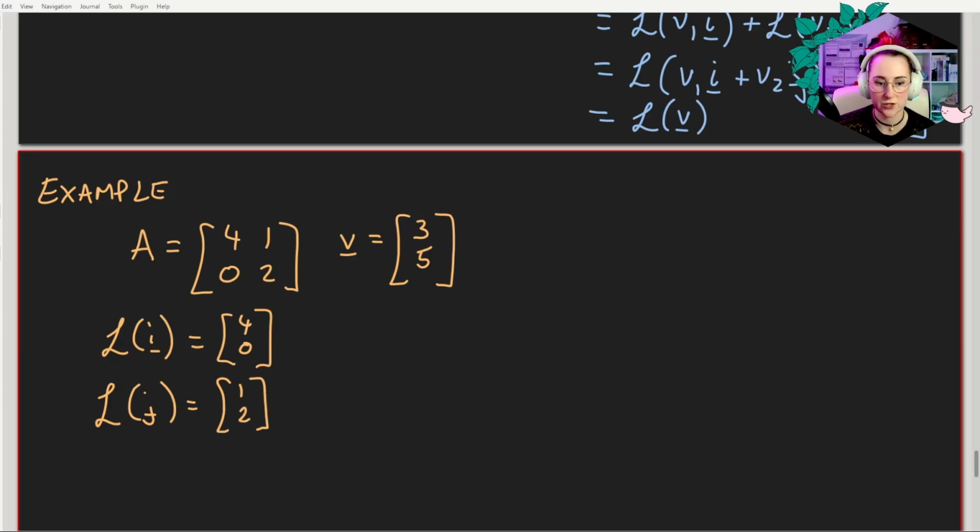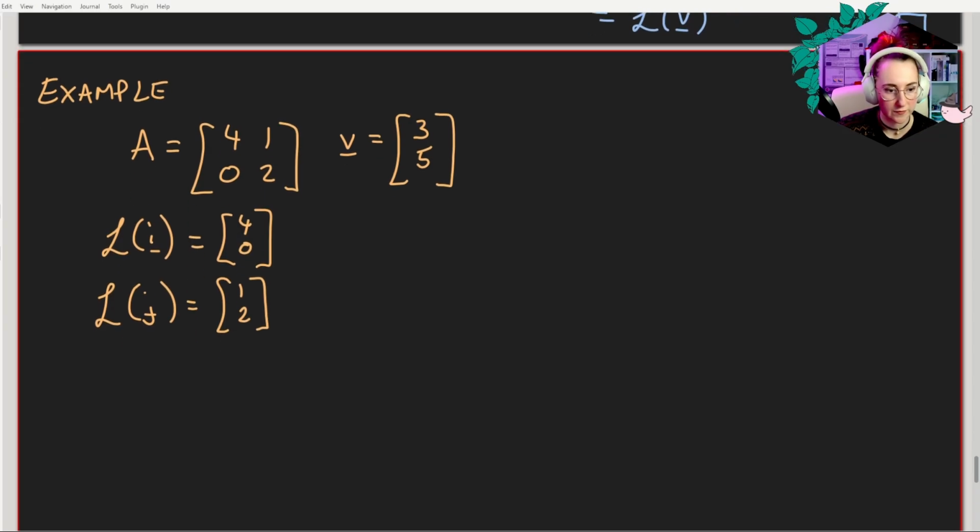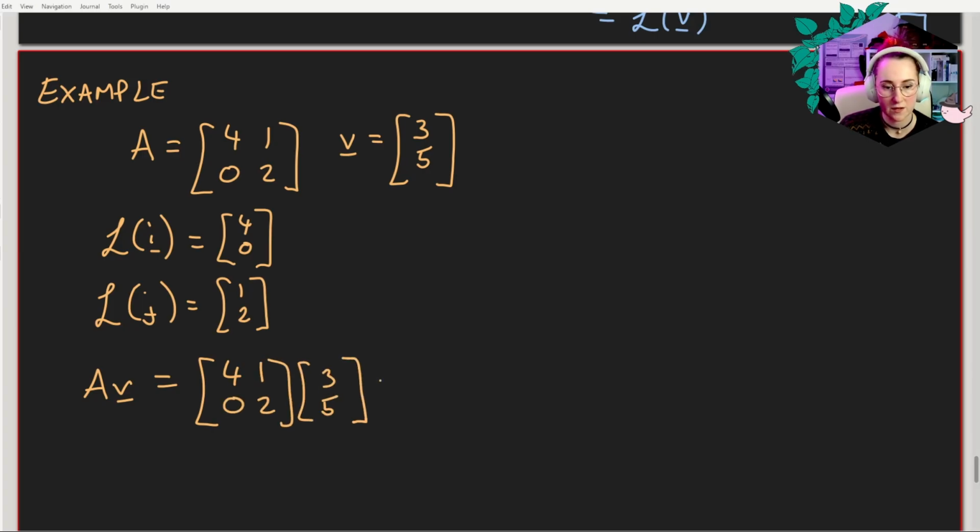Okay, so let's do A times V first. So that's (4, 1, 0, 2) times (3, 5). So we multiply across and down. So first entry, 4 times 3, add 1 times 5. And then we do the same on the bottom.